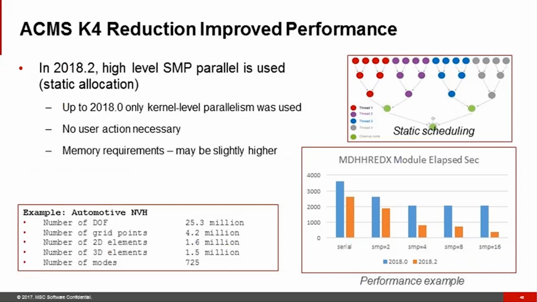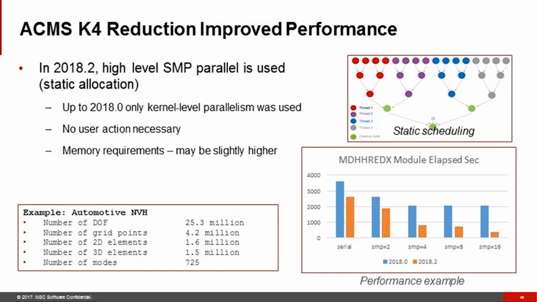Another enhancement that has been added in version 2018.2 is related to the ACMS method. ACMS, or Automated Component Model Synthesis, is an important capability in linear dynamic analysis for MSC Nastran. ACMS is the standard method of computing a model subspace for the analysis, especially for the noise and vibration of large models.